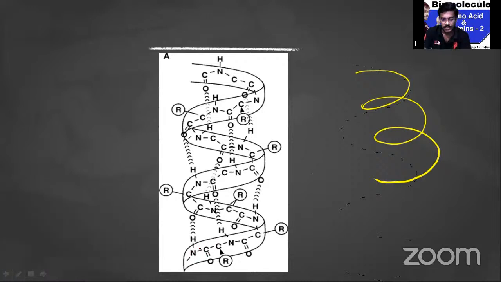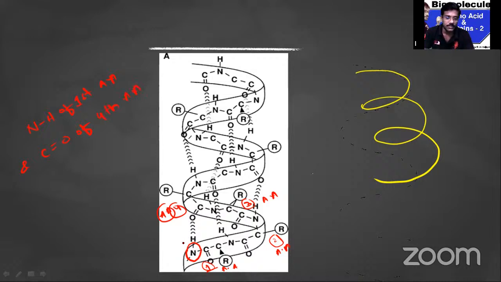The NH group of the first amino acid is connected with the C=O group of the fourth amino acid.